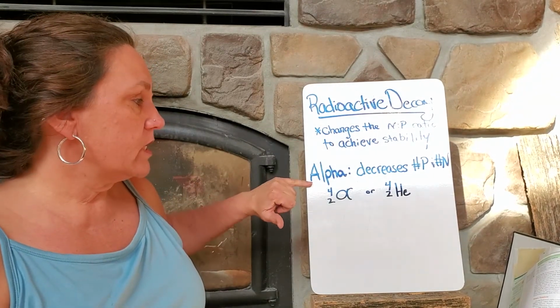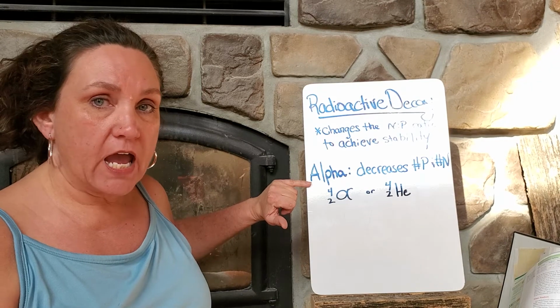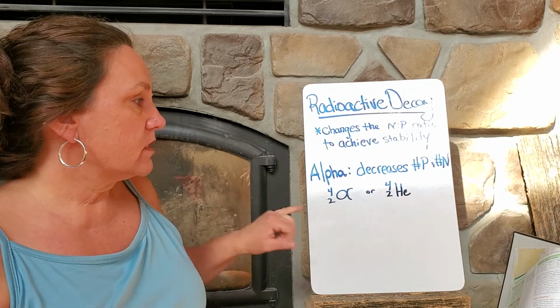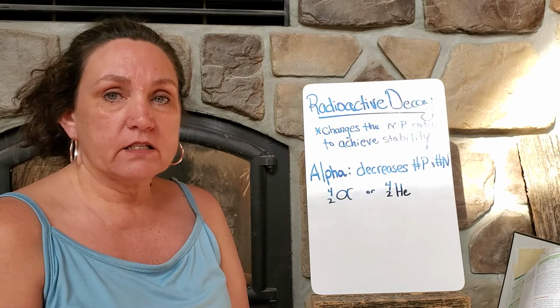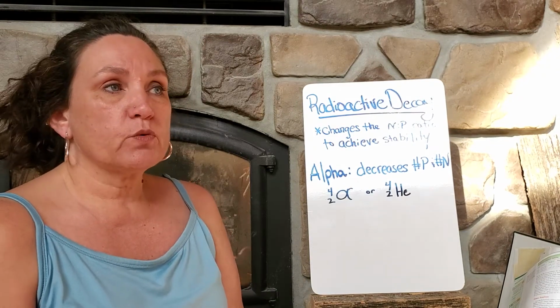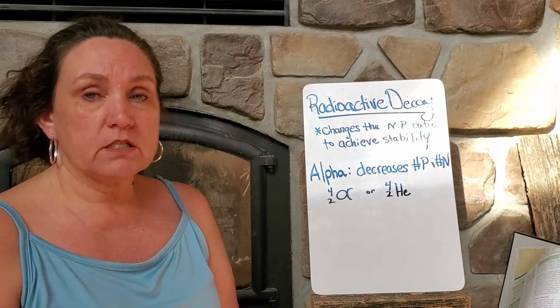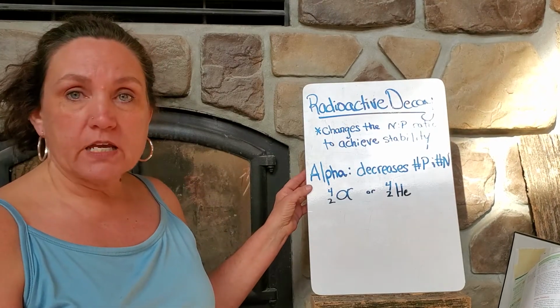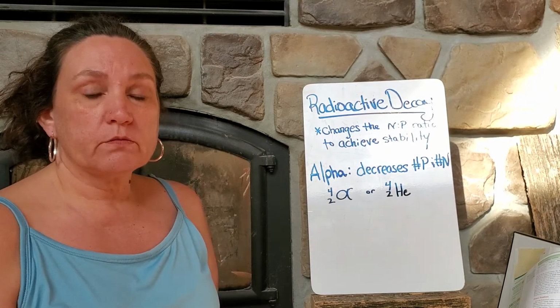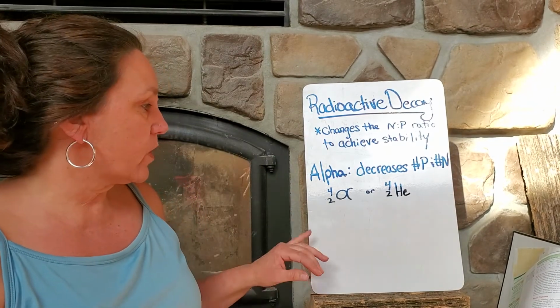The first one is called alpha decay, and this is going to decrease both the number of protons and the number of neutrons. So if you have a really heavy element, it might go through alpha decay to lose protons and neutrons both fairly quickly.